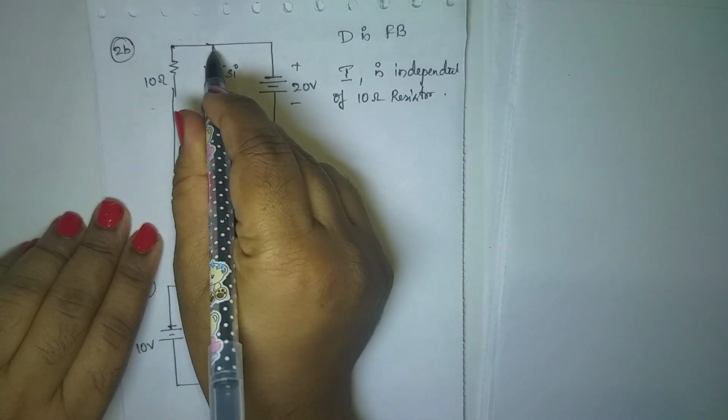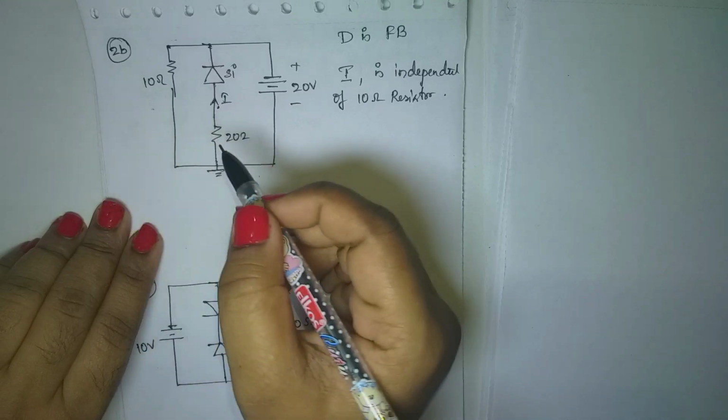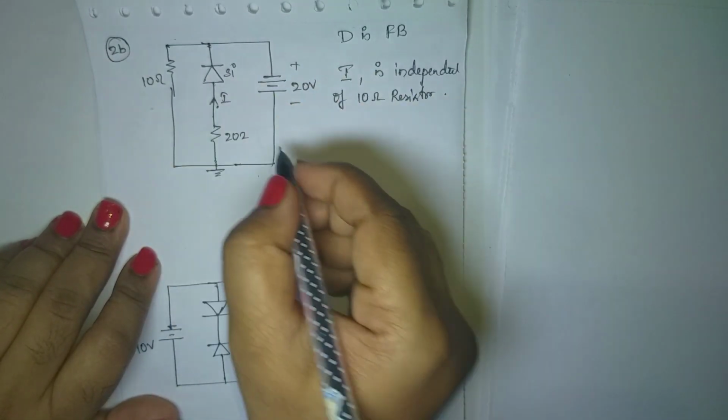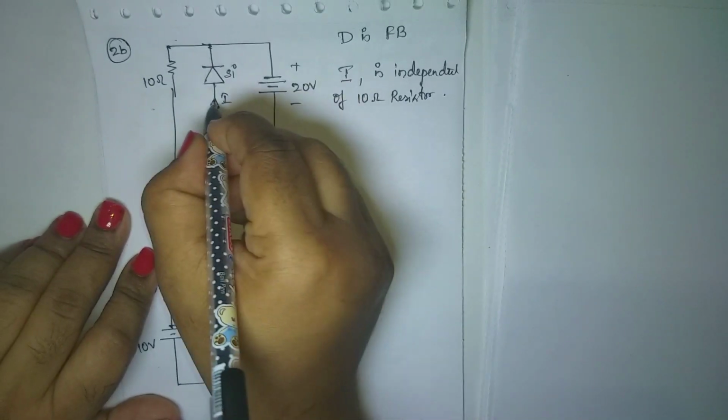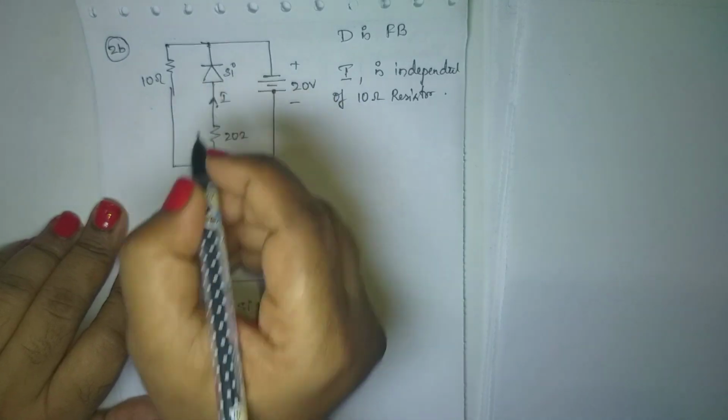I know the voltage drop across these 2 points, so whatever the resistance here, that doesn't bother us. See, where is this current flowing from? It is flowing from this point to this point.